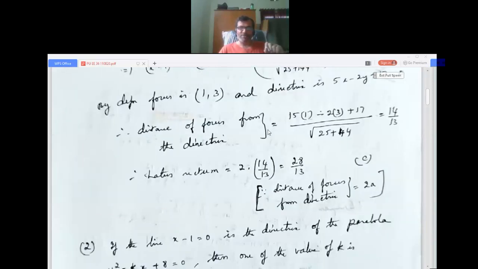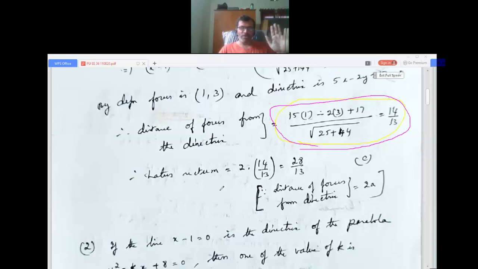There is some problem here in the numbers. I do not know, it might be that the problem is wrong, but the method is the same. Just see it. The numbers are not working out, but anyway, the same problem with different numbers you can solve in the same way.